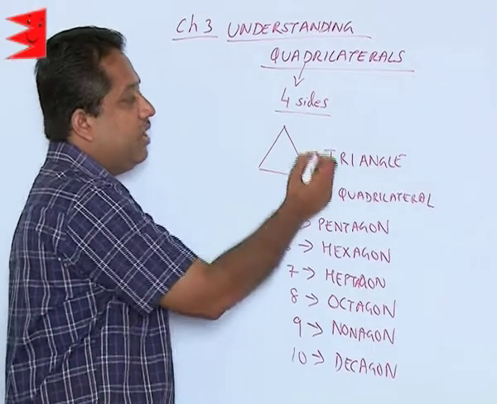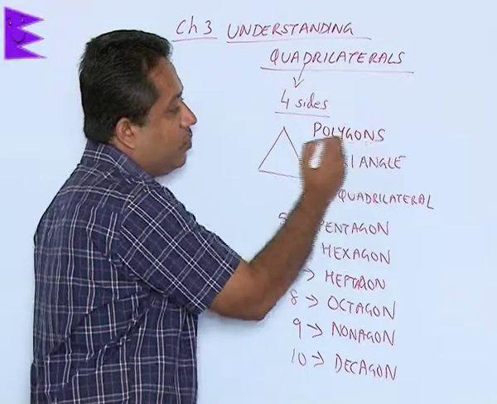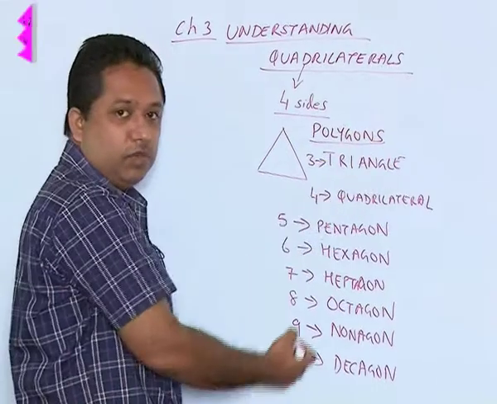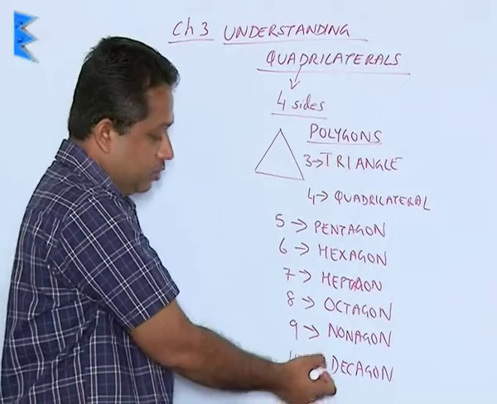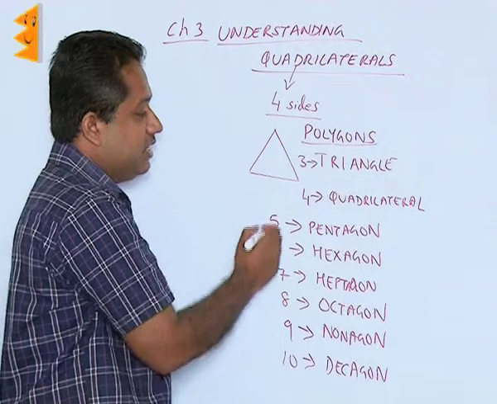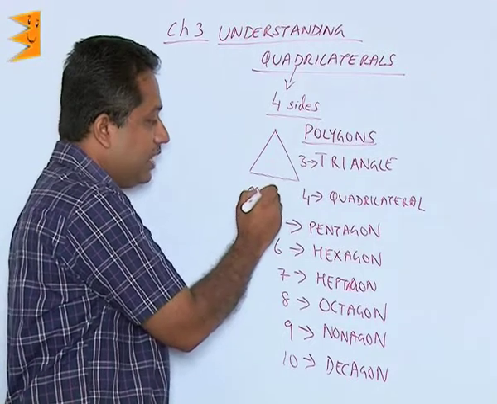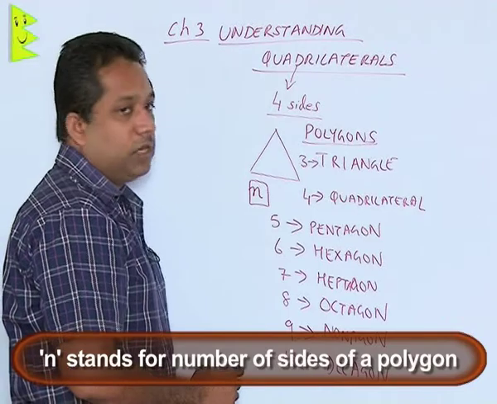So, these are all examples of polygons. So, when we refer to polygons, it can have n number of sides, and these are from triangle to decagon should be known. So, this number of sides is normally represented by the alphabet n. So, n stands for the number of sides of a polygon.